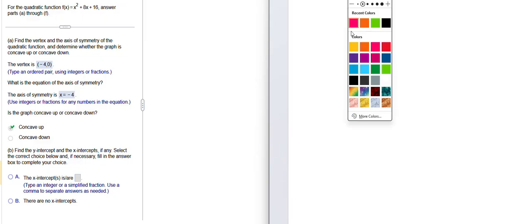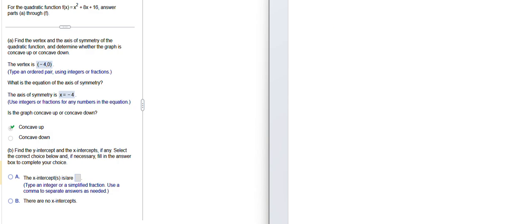So my function is f of x equals x squared plus 8x plus 16. I'm trying to go a little bit faster because the video that didn't work was like 14 minutes, and that's a lot.